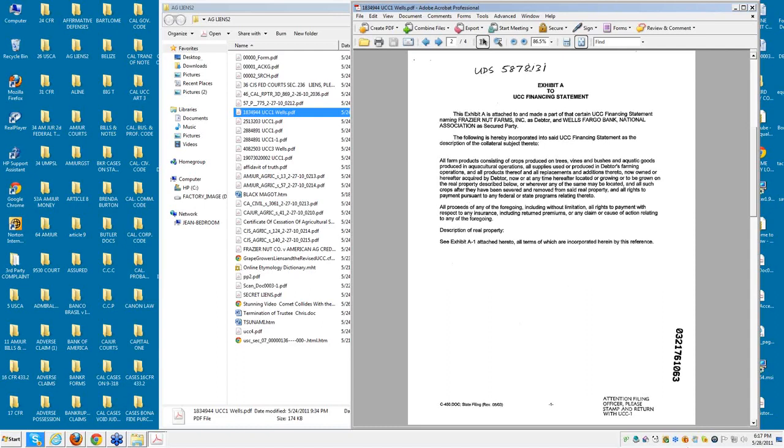All farm products consisting of crops produced on trees, vines, and bushes. Now this is part of the Farm Crop Insurance Act of 1970, which is in Title VII. Title VII of the USCA, United States Code Annotated, which contains all of your 50 codes, Titles 1 through 50.